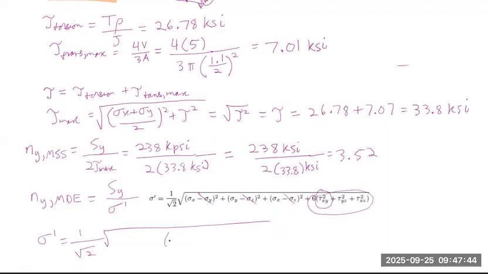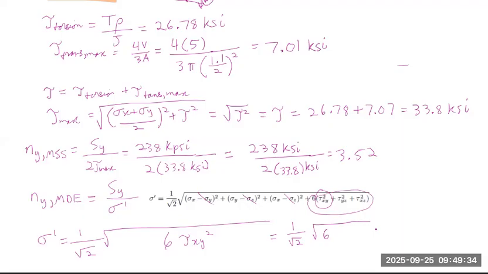We just know that we have only one shear stress term. So it's going to be the square root of 6 times tau xy squared, which is equal to 1 over root 2 times the square root of 6 times tau xy, or 1 over root 2 times root 6 times tau max, which was equal to 33.8 KSI.